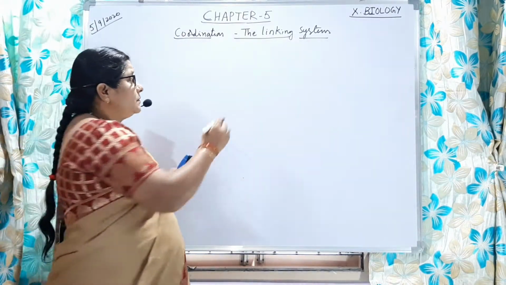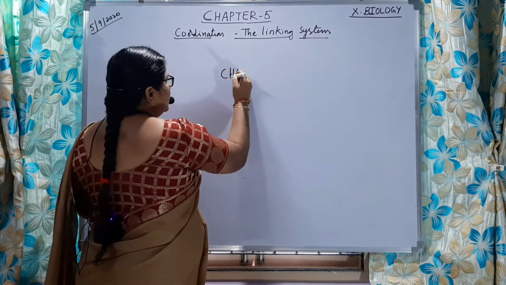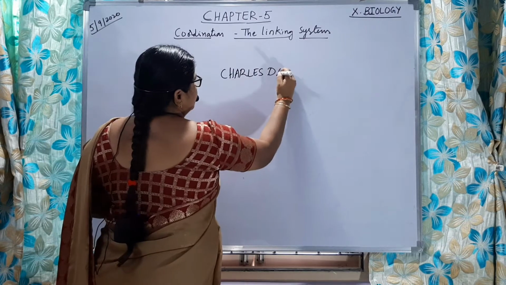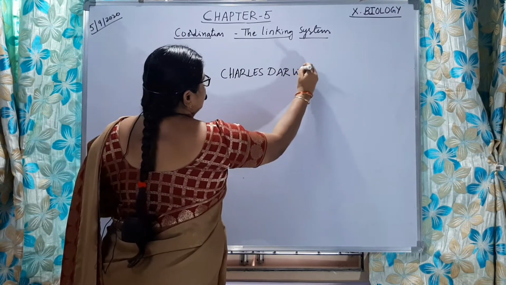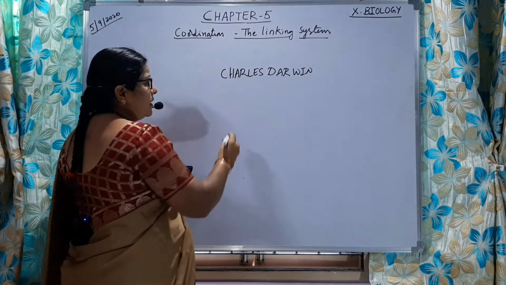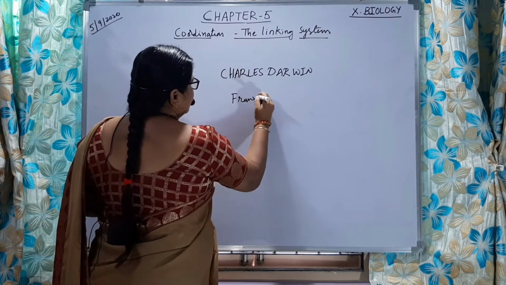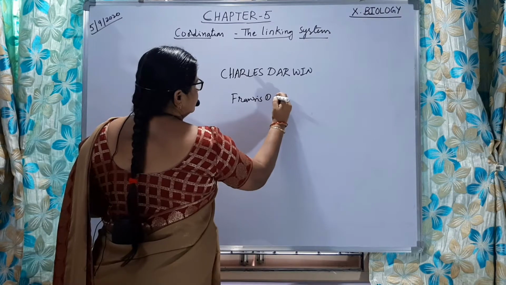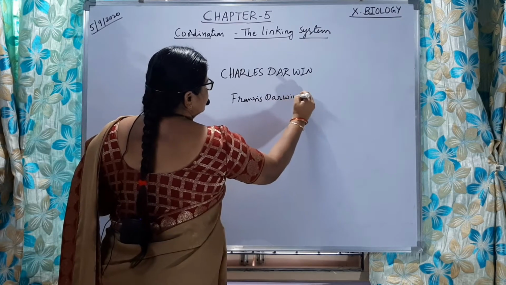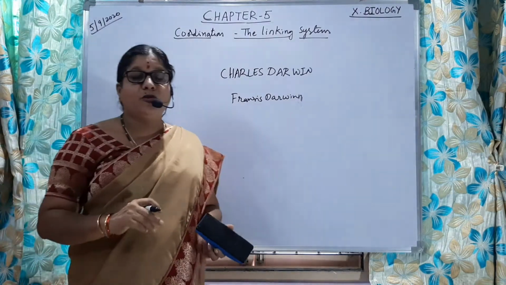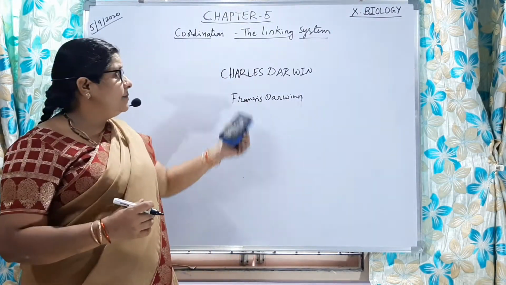Charles Darwin and his son Francis Darwin conducted several experiments on how movements happen in plants.